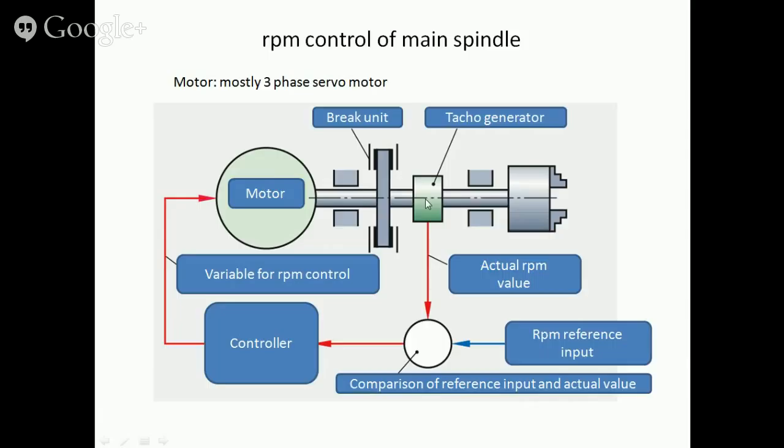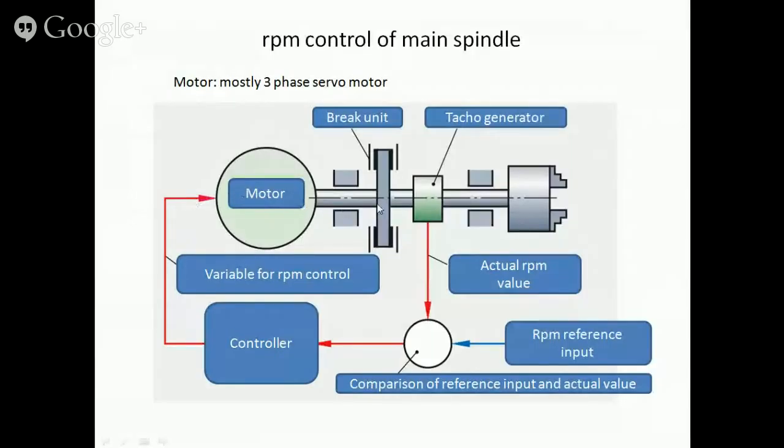The value of the RPM is fed into this comparison of reference input and actual value. This is the RPM reference input or the set value. The controller computes a variable, and this variable is then fed into the motor so that the motor turns exactly at the programmed speed, at the programmed RPM.